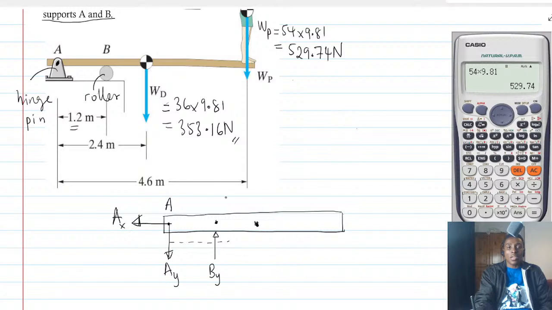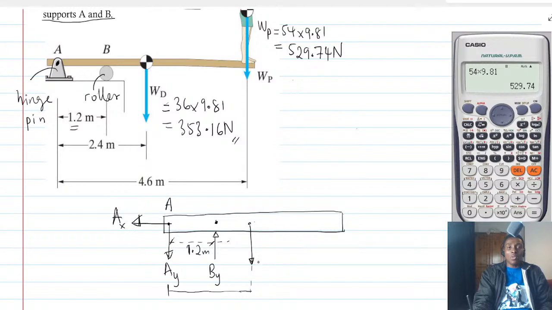And then the weight of the driving board itself, which is acting at a distance 2.4 from A. So that distance has been specified. So from here all the way to here is 1.2. But the distance from A all the way to where the weight of the driving board is acting is given here.